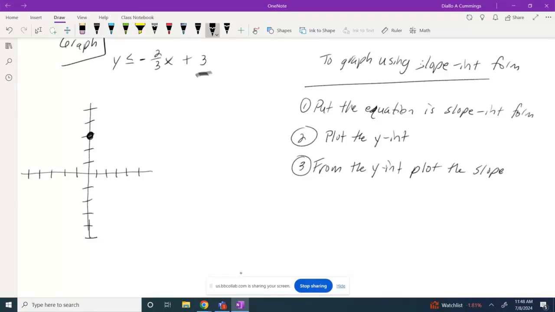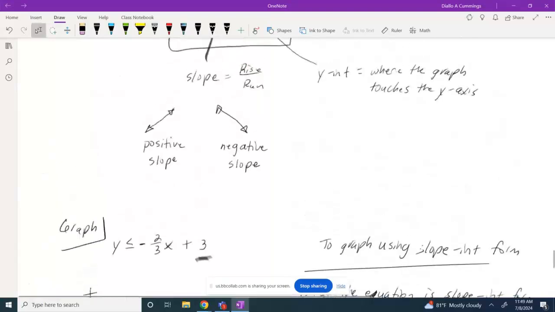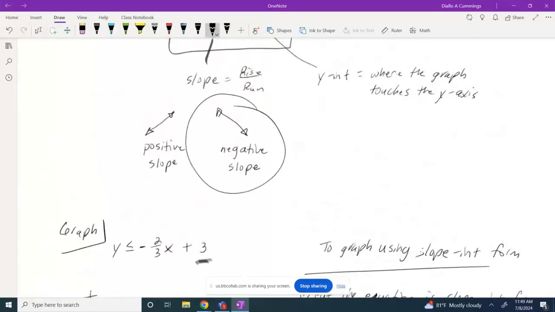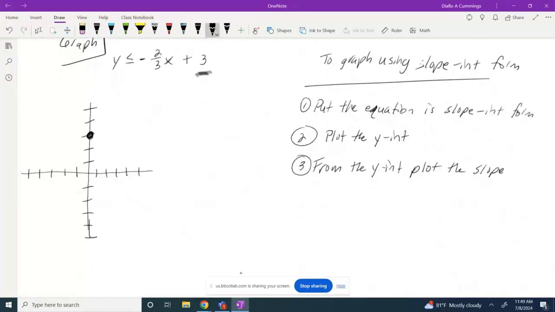Before you plot the slope, notice the sign of your slope. So since this slope is negative, we know that our graph should look something like this. So from the y-intercept, I'm going to plot the slope. So our slope is negative 2/3. So our rise is 2. So now your rise can either go up or down.